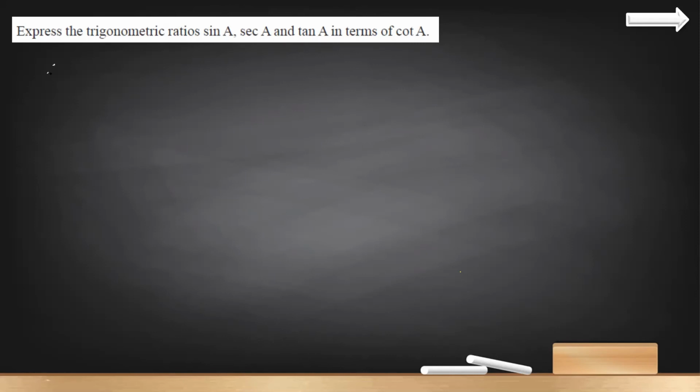So we know according to the sub-identity, cot square A is equal to cosec square A minus 1. Or we could use the normal identity, that is 1 plus cot square A equal to cosec square A.